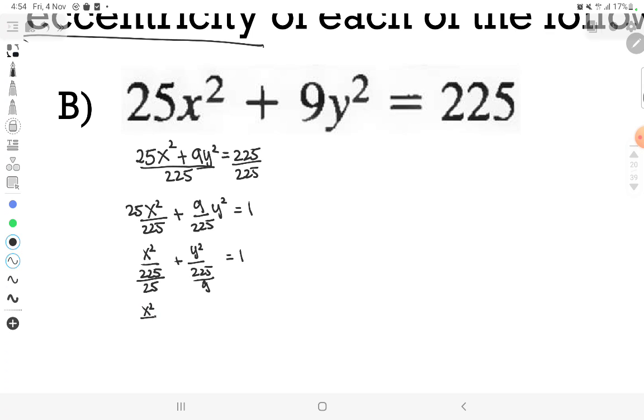So therefore we will have x squared divided by 225 all over 25 is 9 plus y squared divided by 225 divided by 9 is 25, which is equal to 1.